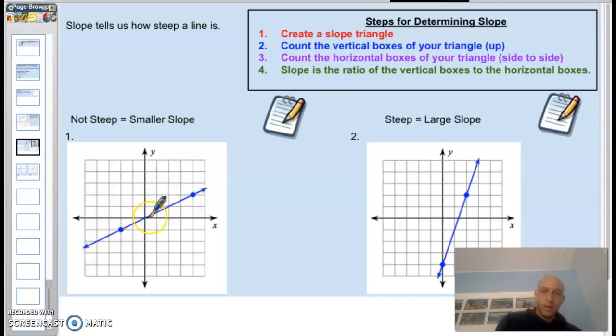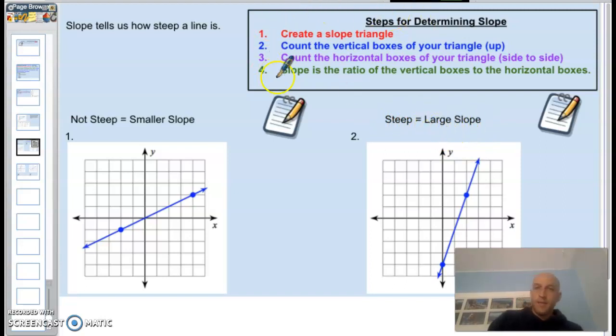It would be a hill I would walk up without very much difficulty. Number 2 is very steep. This is a very steep walk. If I started down here and I wanted to walk up this hill, that would be a very difficult hill to walk up. And so that is a very steep slope, which means our slope will have a bigger number, okay?